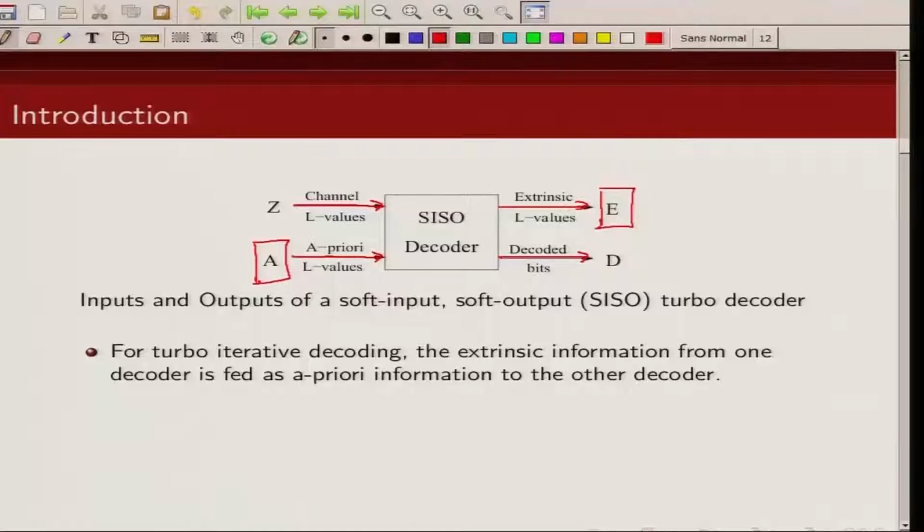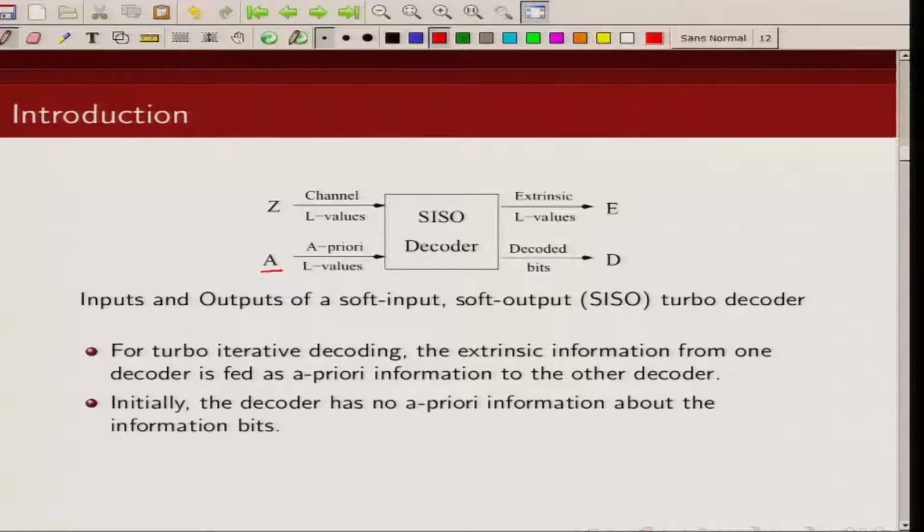The channel L values remain the same for a fixed signal to noise ratio. For a received bit, the channel L value remains the same. The only things changing with iteration are the a priori value and the extrinsic value. So, if we can track with iteration how our extrinsic information is growing with this a priori information, that will give us some clue about the performance of turbo code in the waterfall region.